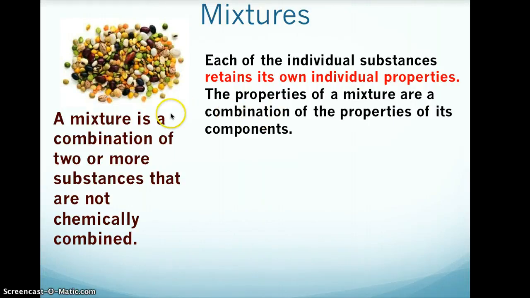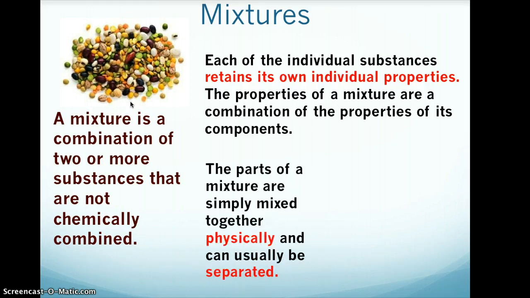So in this mixture here, we've got peas and lima beans and white beans and kidney beans, lots of beans. And each one of those beans retains its own flavor, its own shape, its own melting point, its own boiling point. So those properties are not lost when substances are physically combined.